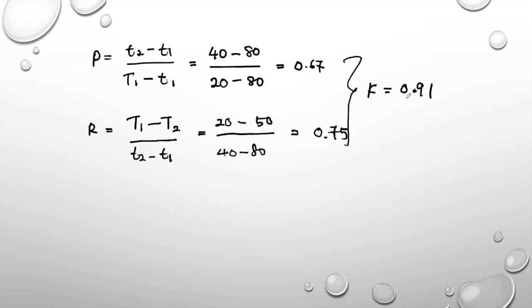For the Q dot, the equation is the overall heat transfer coefficient times the total surface area times the correction factor times the delta T log mean counter flow.